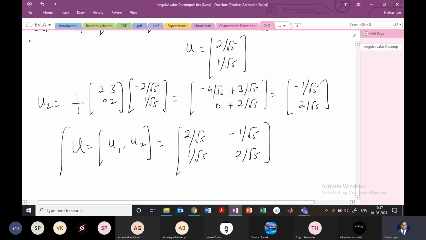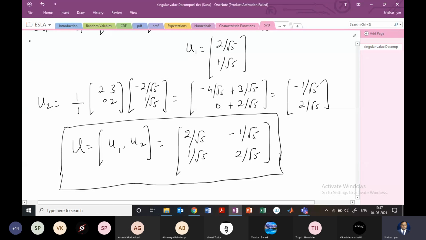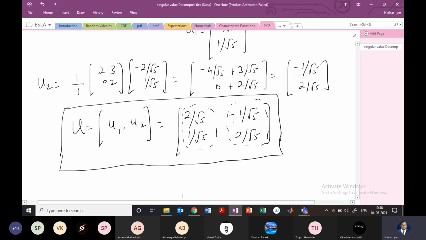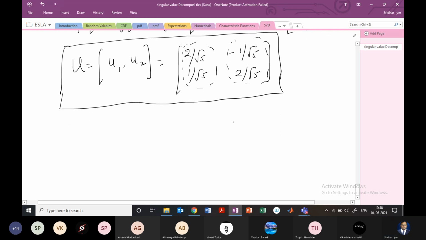So this is the matrix U. This part which I'm dotting now is u1, and that part is u2. So we have the answer for u. Are you getting that? Yes, sir. Okay, fine.